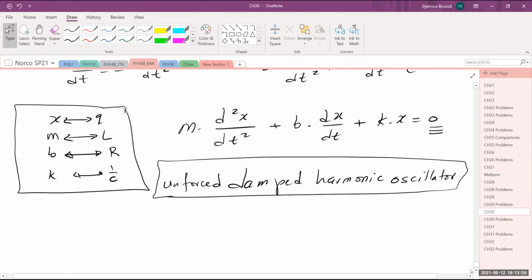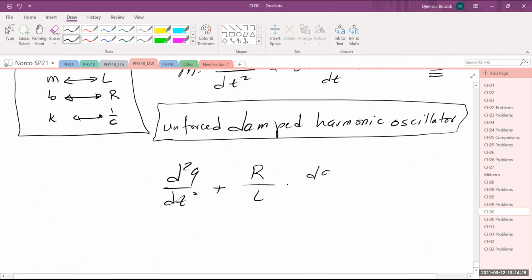So we're going to divide by L in our situation. Once we divide by L, we will have the second derivative of Q with respect to time, plus, remember, I have an R over L now. So it's going to be R over L times dQ/dt. So this is the resistance part of it, plus 1 over LC times Q is equal to 0.